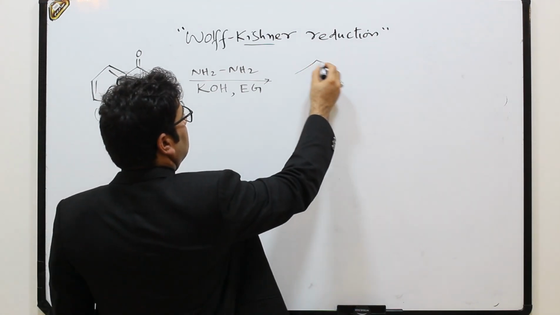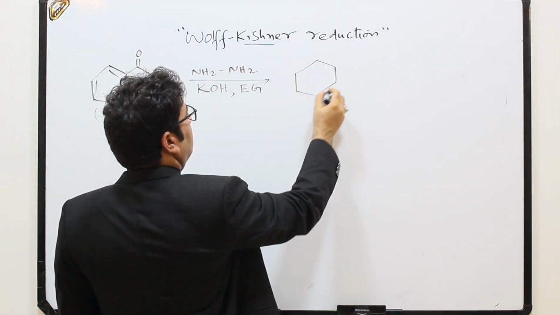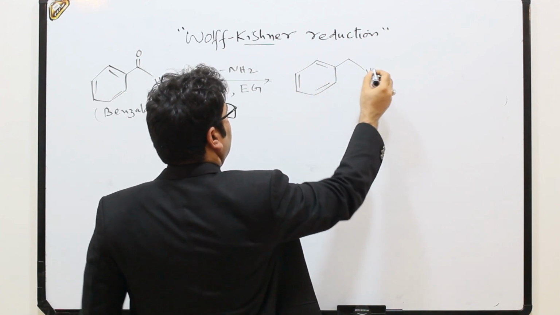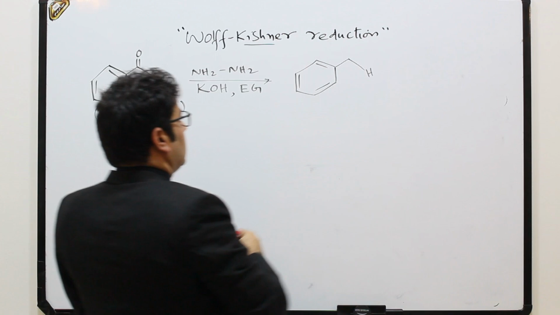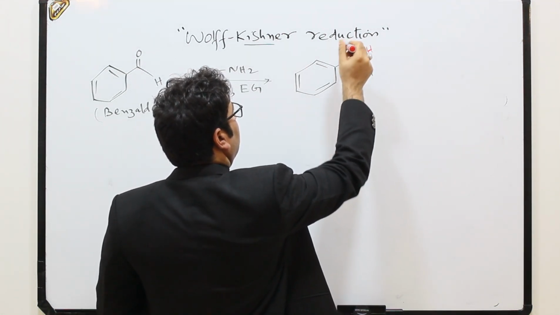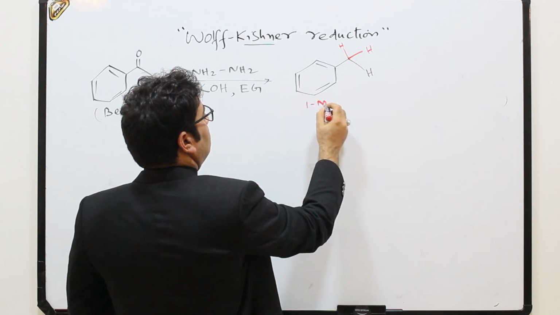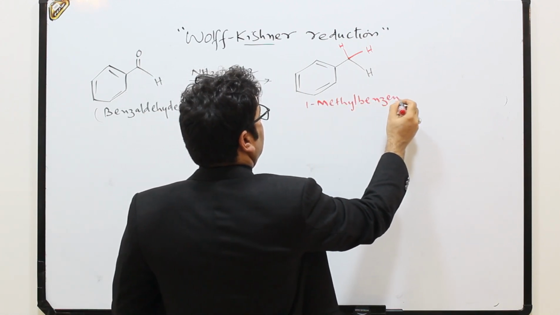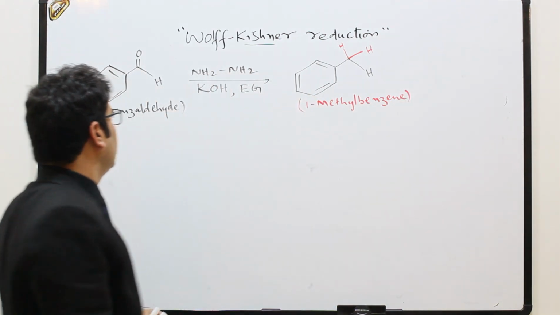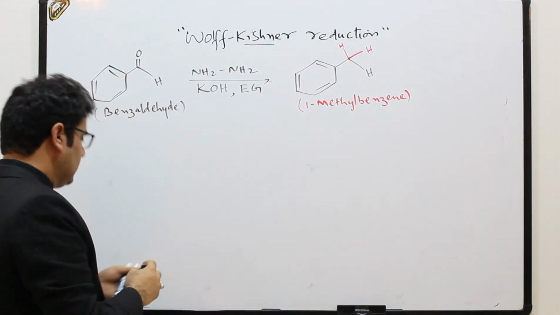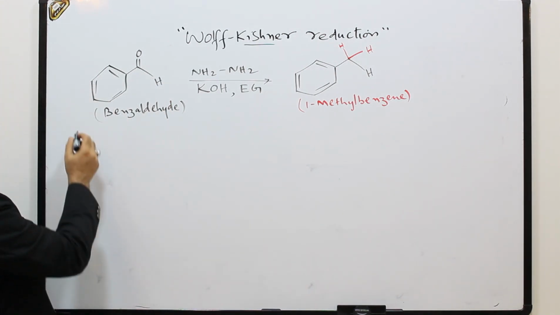What will be the result? We will introduce two hydrogens here. This will be 1-methylbenzene. So we are trying to convert this carbonyl group into a methylene group. Now let us start the stepwise mechanism.